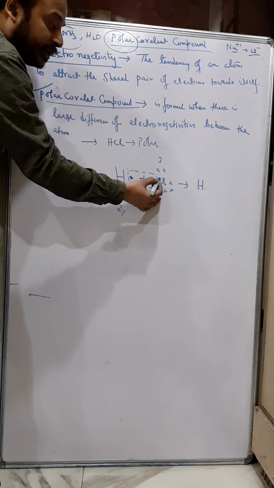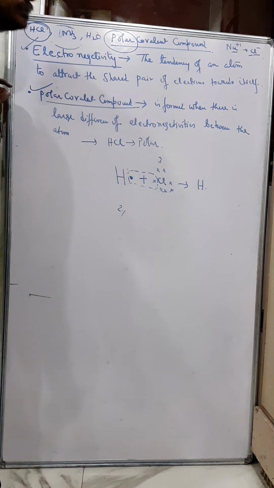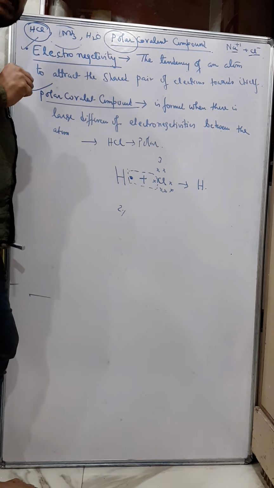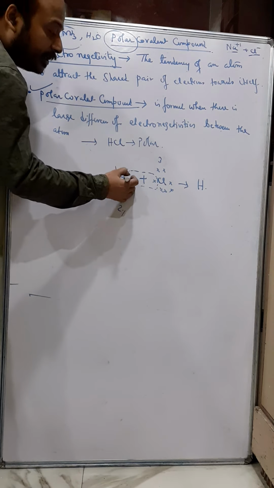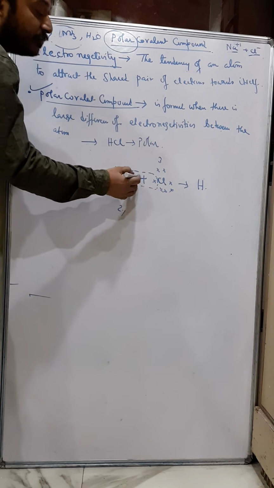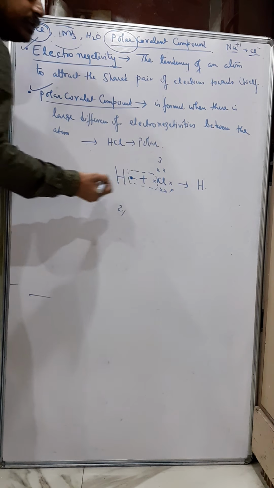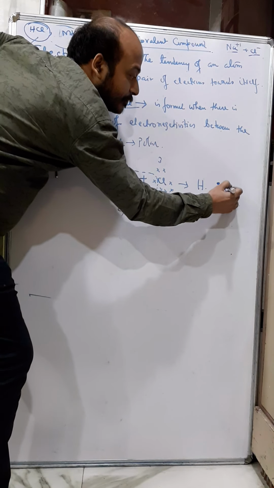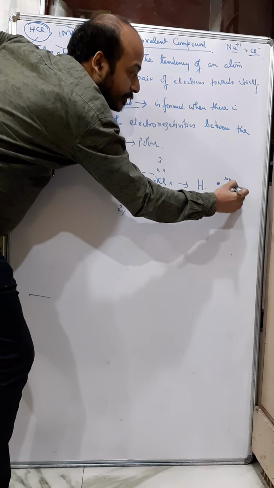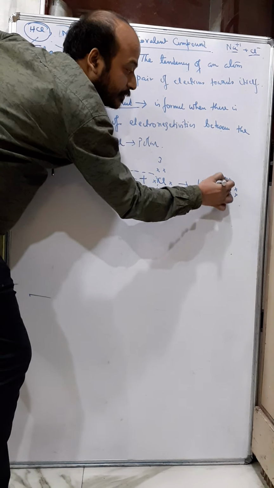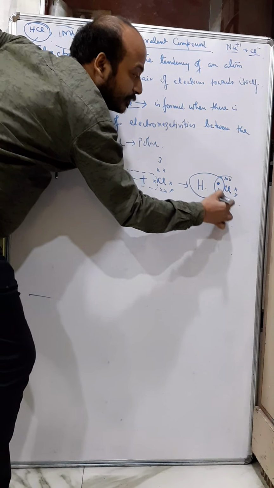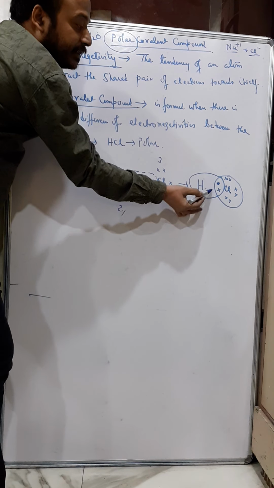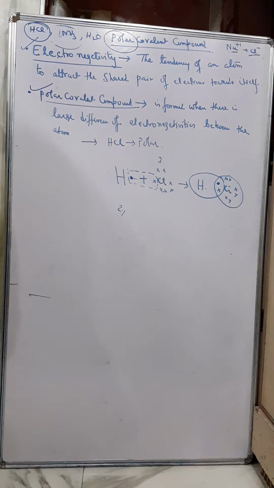Since chlorine has a higher electronegativity, it has a greater tendency to attract electrons towards itself. And hence chlorine attracts this electron more towards itself. So this shared pair of electrons, instead of being at the center, is more towards chlorine.